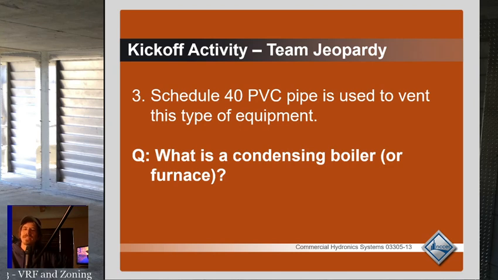You get into 85 to 90%, and now it's hot enough that you can't use PVC, but it's corrosive enough because of the condensate that you have to use stainless. So most of your stainless steel boilers are in the 85 to 90% range on efficiency, and then once you get above like 92%, the flue gas is actually cool enough that you can vent with plastic.